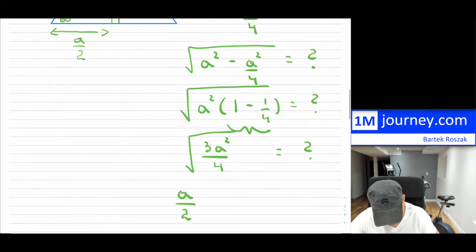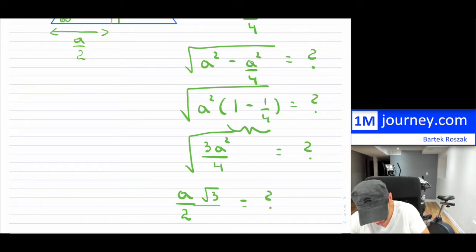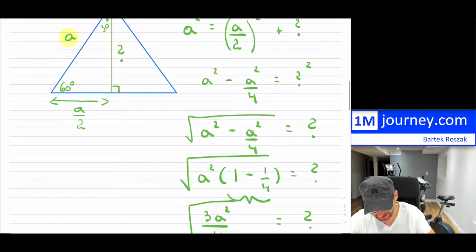So notice what I have is basically this right here. And so that unknown side, instead of writing it the way I've written it, I can nicely put it like this: A, times the square root of 3, over 2. So that is this side right here.